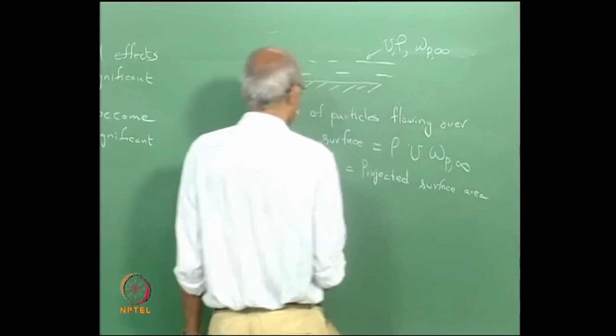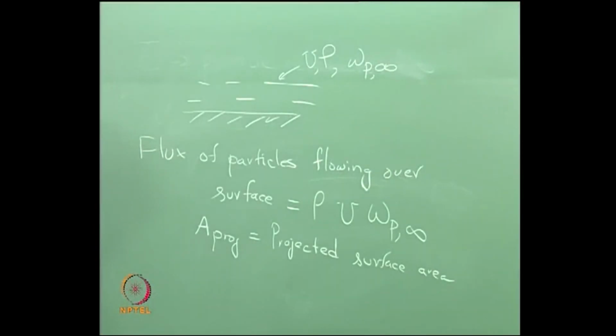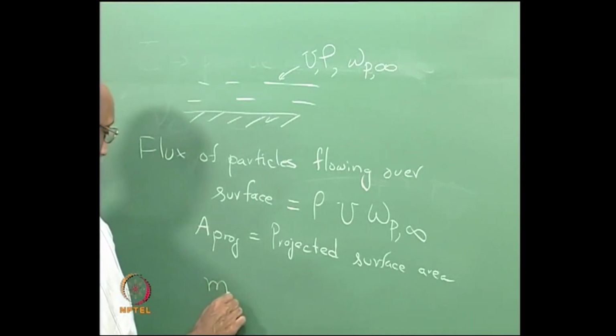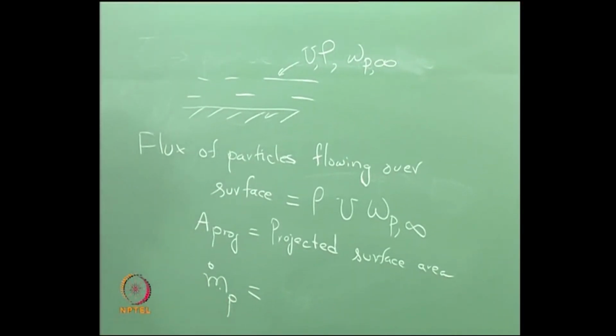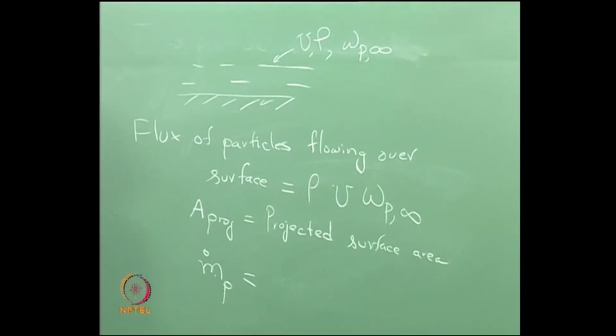Then the rate of collection of particles on the surface, which we can write as mp dot, where m stands for mass, p stands for particles, and dot stands for unit time.